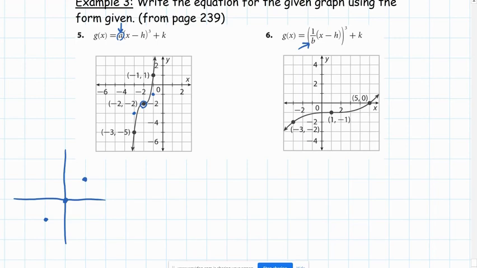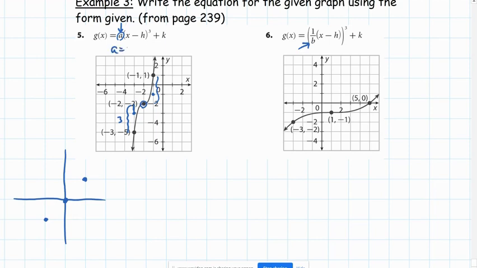So this vertical change now is up 3, and so it's a vertical stretch by 3. And same thing going downward. This used to be a vertical change of 1, and now it's a vertical change of 3. And so that tells us that A must be 3.